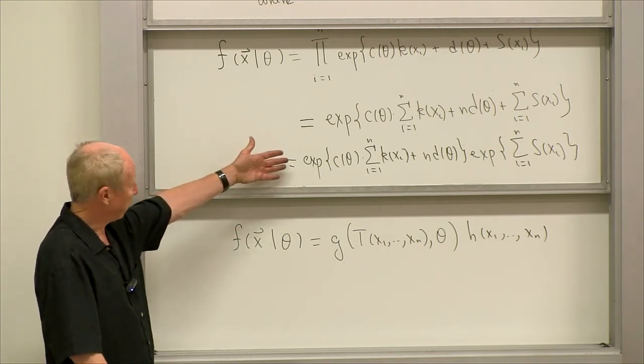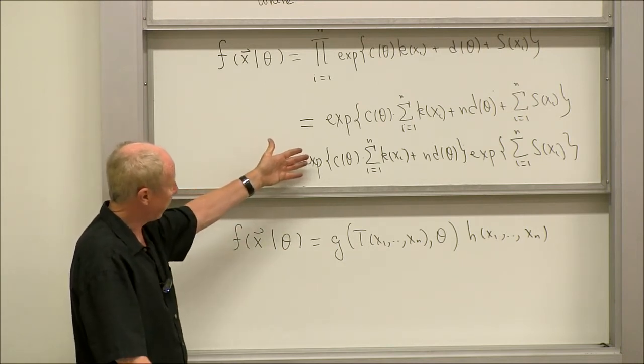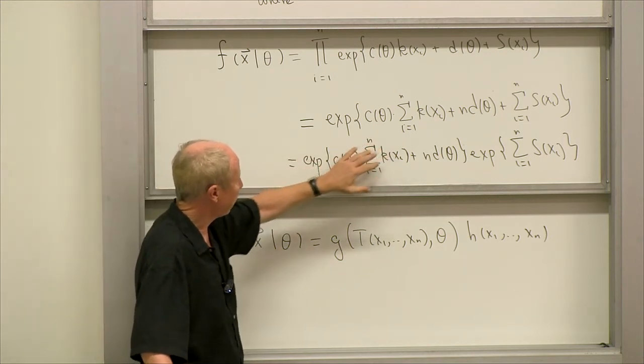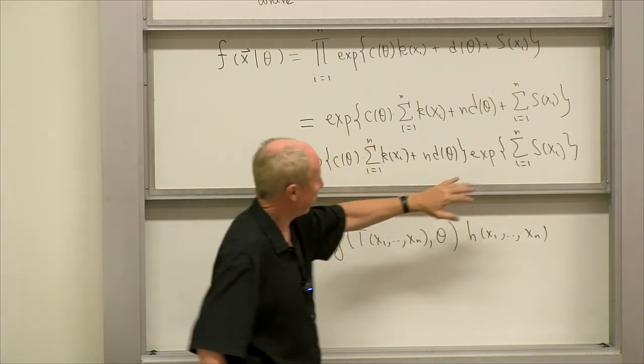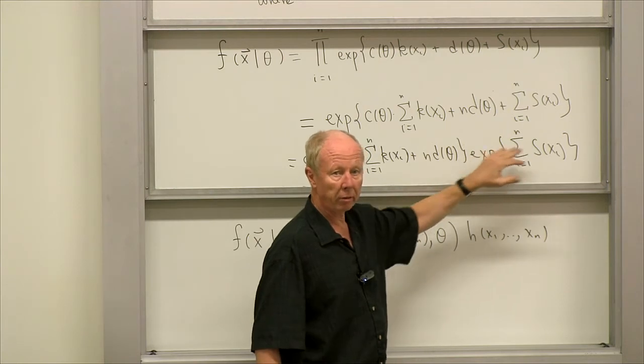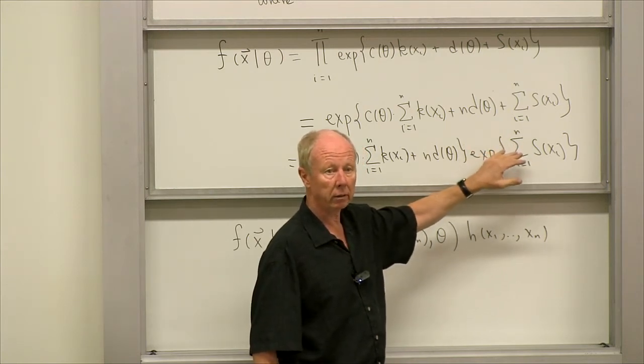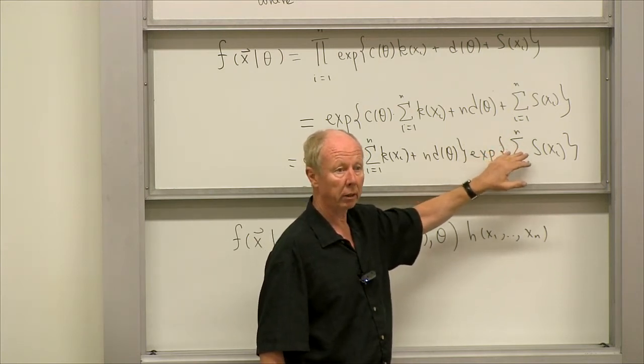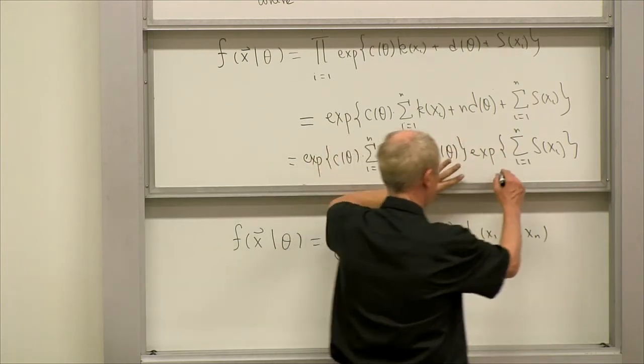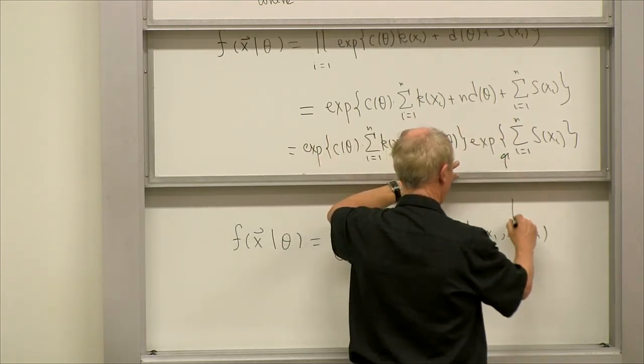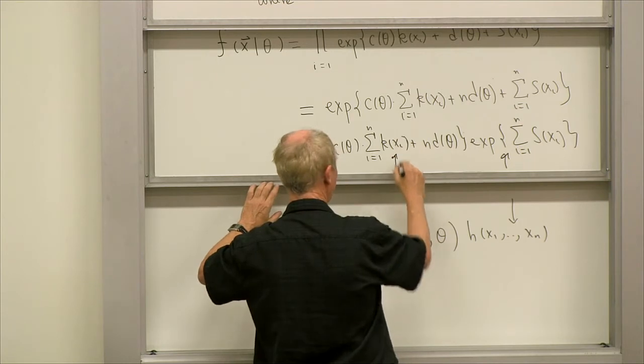And now that's what we have. This is a function that depends on a function of the data and the parameter, and then some other function depends only on the data, no parameter. So this is the h. And this is the g.